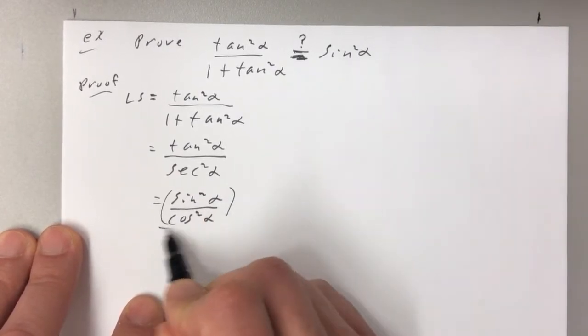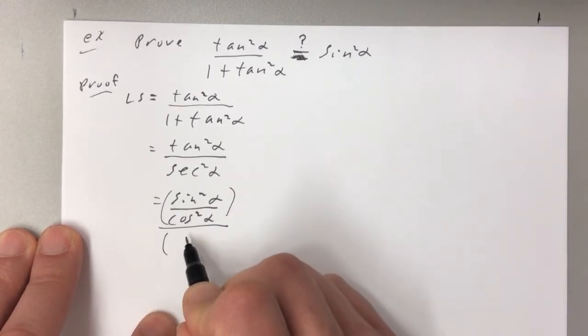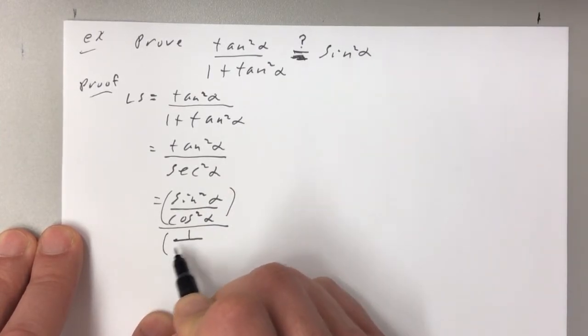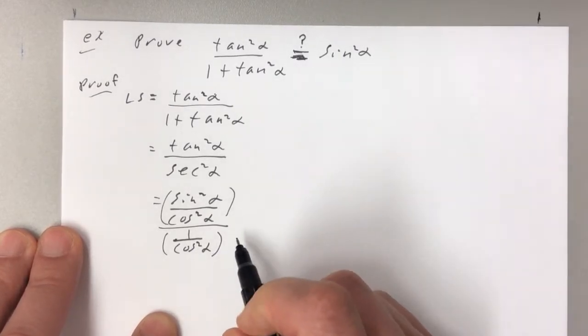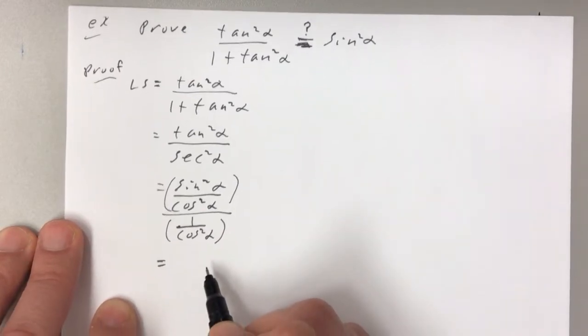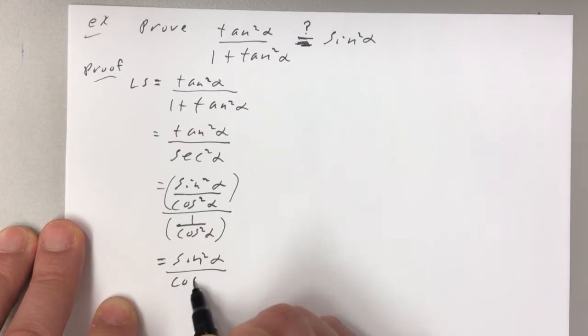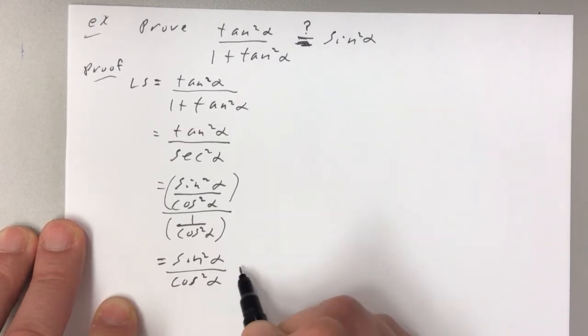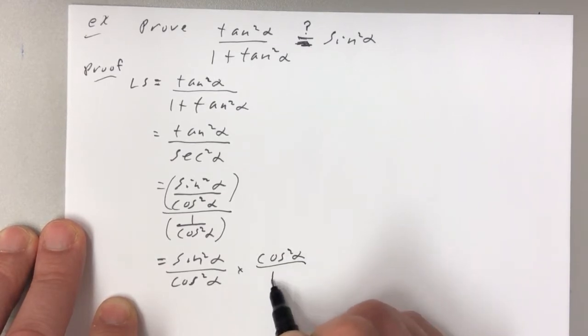Okay. And divided by secant squared alpha is divided by 1 over cos squared alpha. So we can change this to a multiplication, which becomes sine squared alpha over cos squared alpha times cos squared alpha over 1. Taking this and putting it over here.